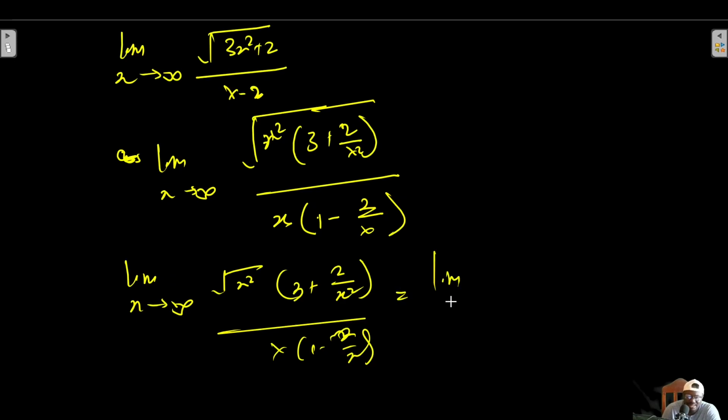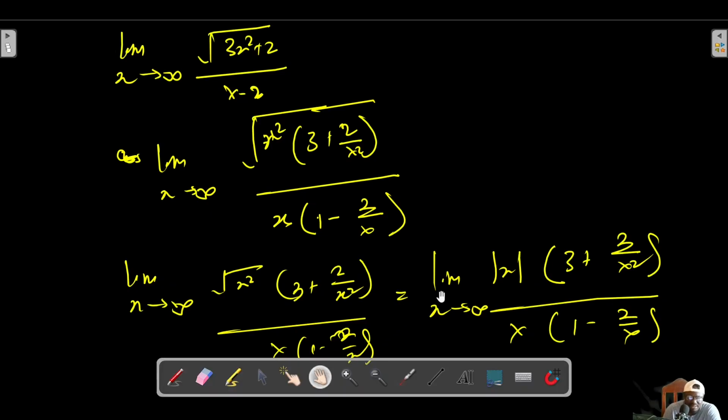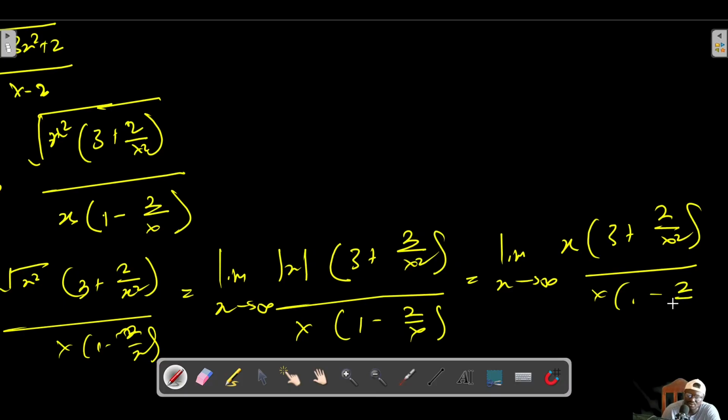So here will be the limit as x is approaching infinity of the absolute value of x multiplying the square root of 3 plus 2 on x squared, divided by x multiplying 1 minus 2 on x. But since our limit approaches positive infinity, our absolute value of x can be taken as positive x. So we end up with the limit as x is approaching infinity of x multiplying the square root of 3 plus 2 on x squared, divided by x multiplying 1 minus 2 on x.